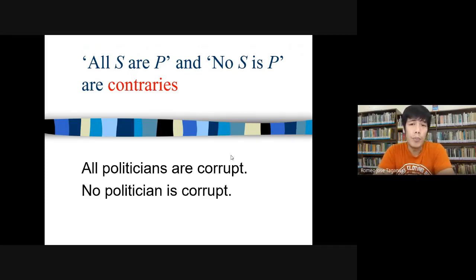Ngayon, anong proposition ang universal negative? A, E, I, or O? The answer is E. So the first example is an A proposition, while the second example is an E proposition. Anong relationship nilang dalawa? Contrary sila. Bakit contrary? Tignan mo ulit. Balikan mo ulit yung square of oppositions. Okay, next example.